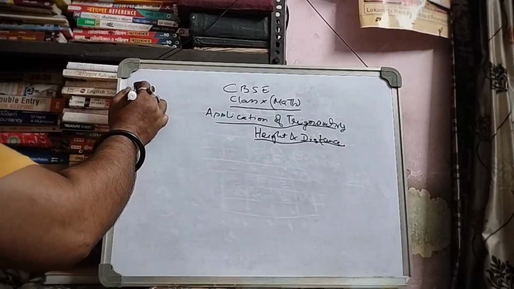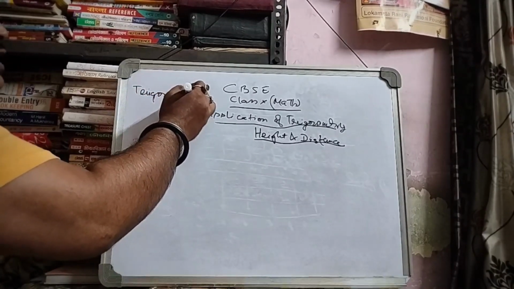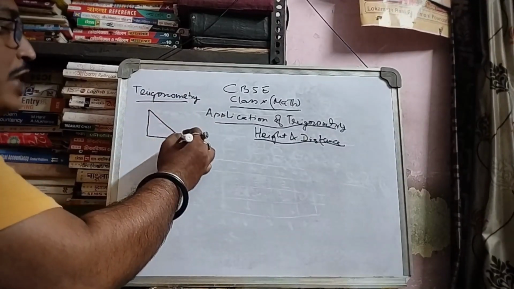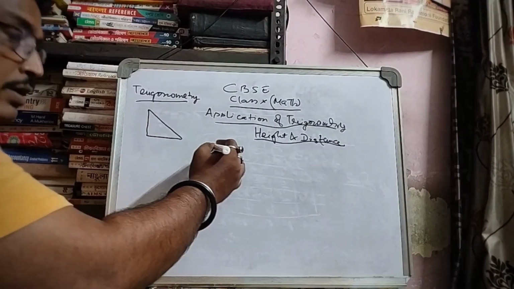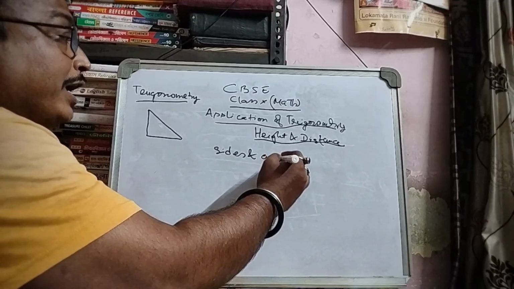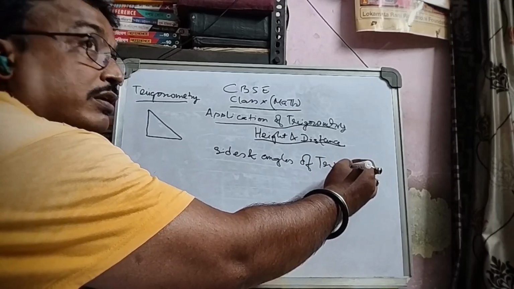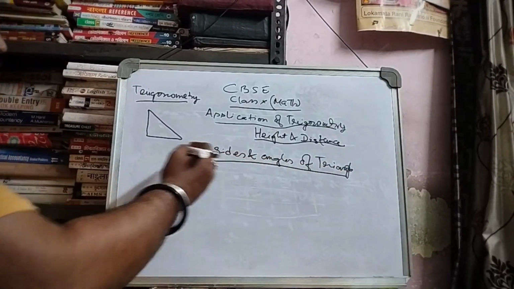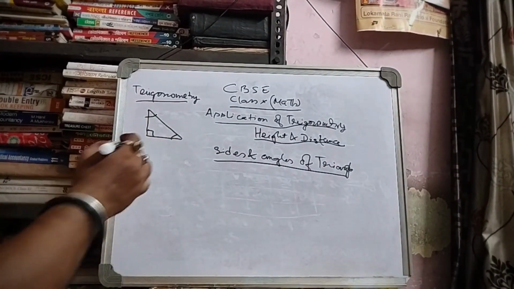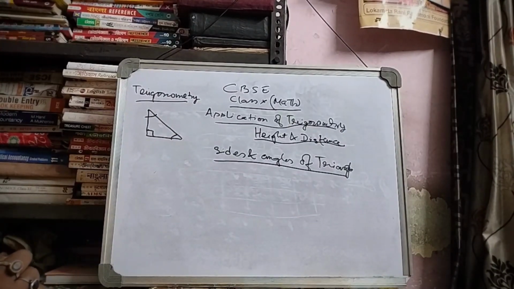So what is trigonometry? At first, trigonometry is nothing but the relations of sides and angles of a triangle. We know there is a 90 degree angle, I mean a right angle triangle, and the remaining two angles are acute angles.